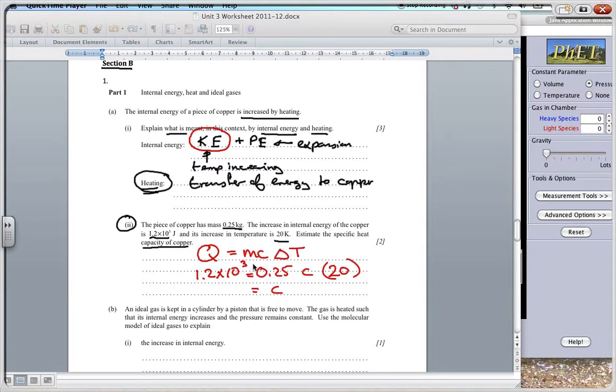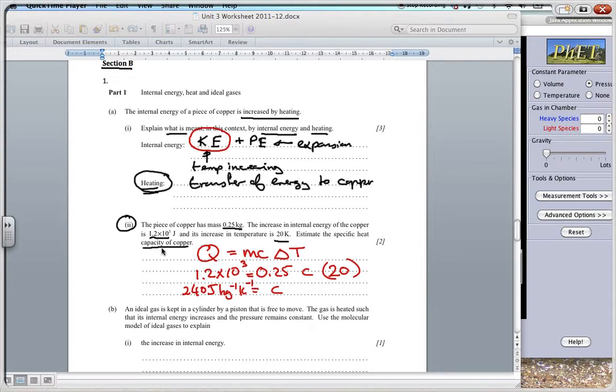So we'll get 1.2 exponent 3 divided by brackets 0.25 times 20, close brackets, enter. So it's about 240 joules per kilogram per Kelvin.